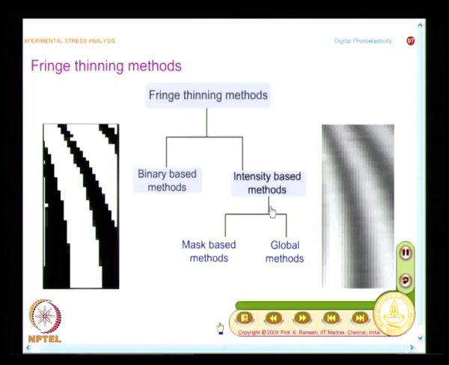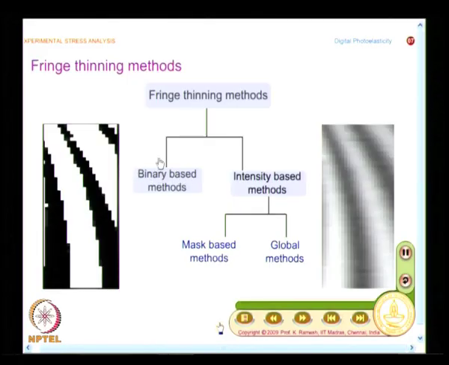See, fringe thinning methods were used in the early development of digital photoelasticity, where people wanted to mimic what you have been doing in conventional photoelasticity with the help of computers and scanners. That you will have to understand. Whether fringe thinning methods are essential these days for solving a problem, it depends on what question you want to get.